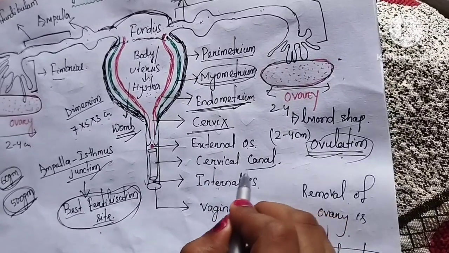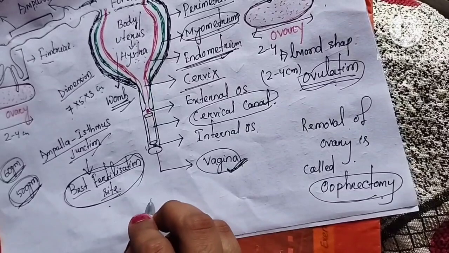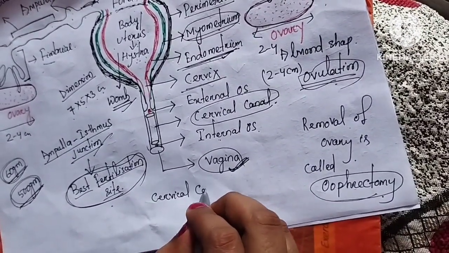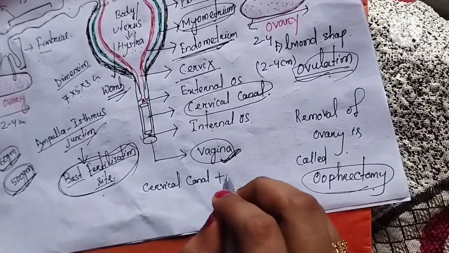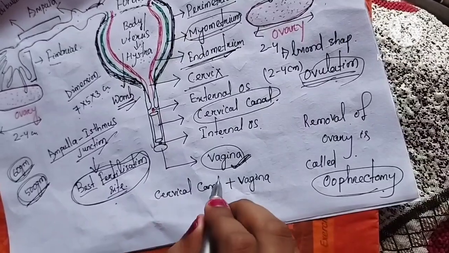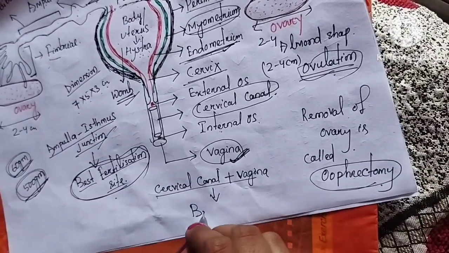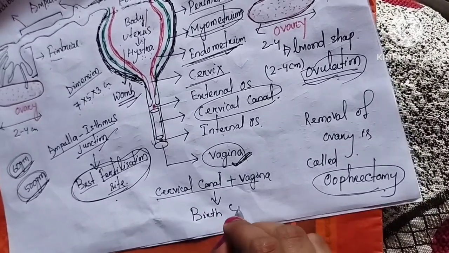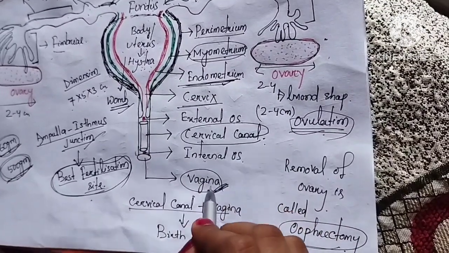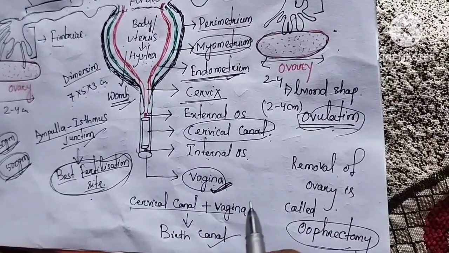The cervical canal plus the vagina together are called the birth canal.